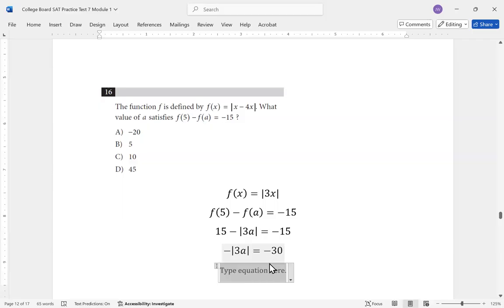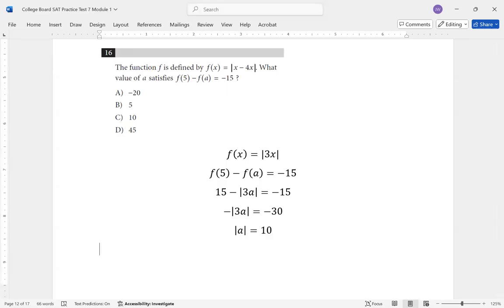You would get essentially the absolute value of a is equal to 10, and therefore a could have been 10 or negative 10. The only option that is in my set of values is 10, which is option C.